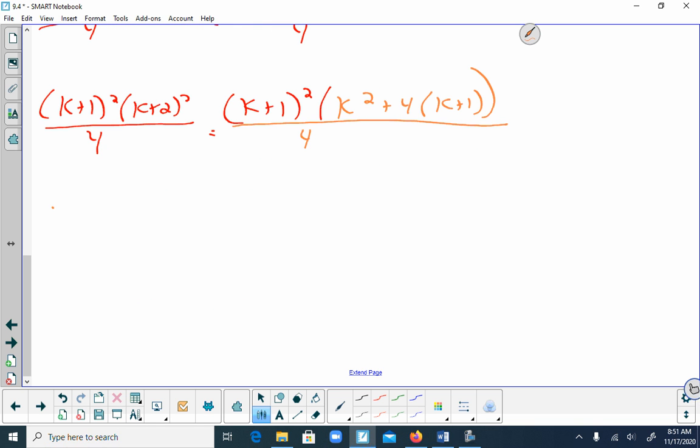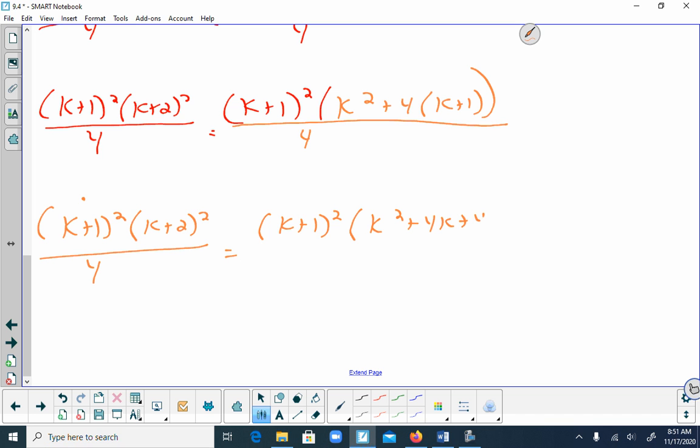Leaving this side alone because I don't want to change it. This I have the k plus 1 squared, so that matches, which makes me happy. And then here I have k squared plus 4k plus 4 all over 4.